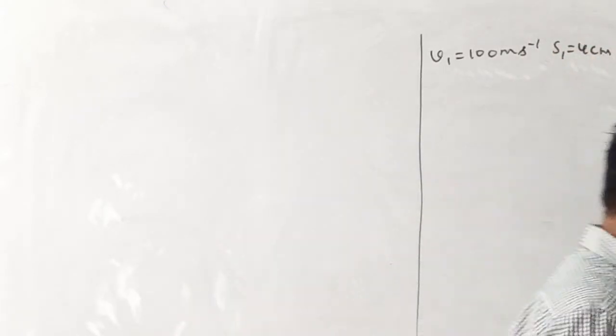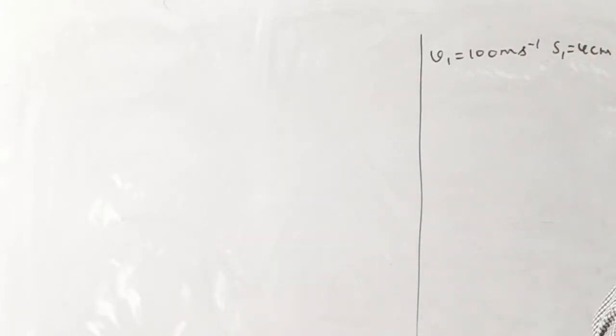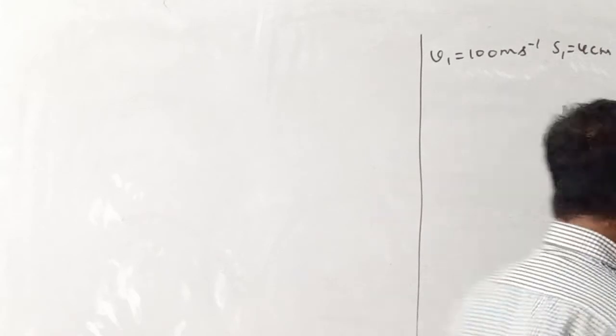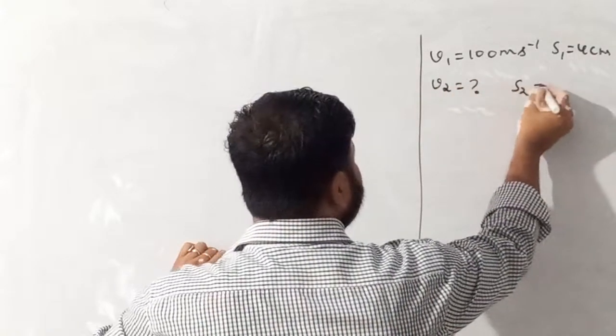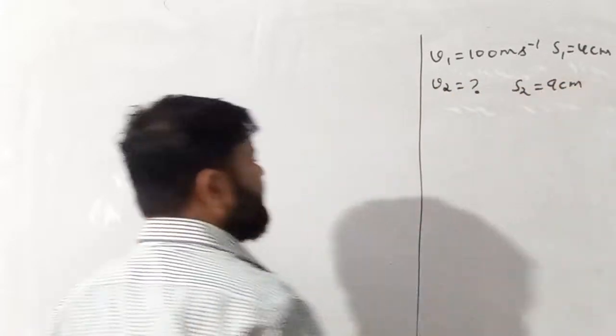Now they are saying, at what velocity is required to just pierce a plank 9 centimeter thick. That means we have to find velocity if displacement is 9 centimeter.